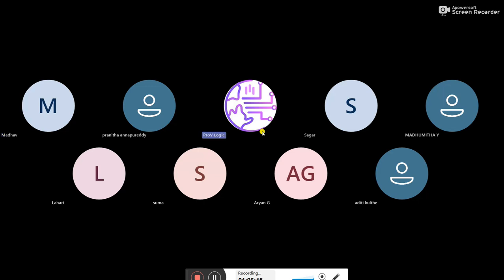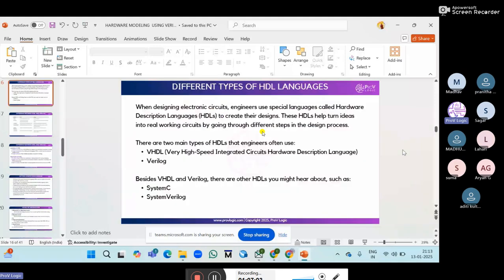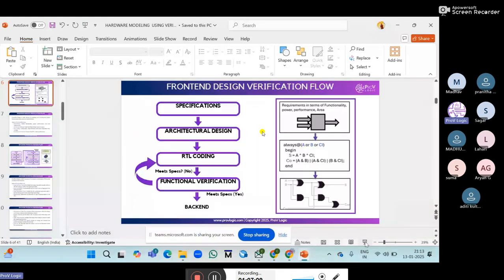Yeah, sure. Thank you. Ma'am, why do we need two tools like Quartus Prime and this one? Because Quartus Prime is for synthesis. We cannot do the simulation by using Quartus Prime. For simulation, we need to use the simulator, ModelSim. Why? Because if you see the flow here, first RTL coding and then verification is there.